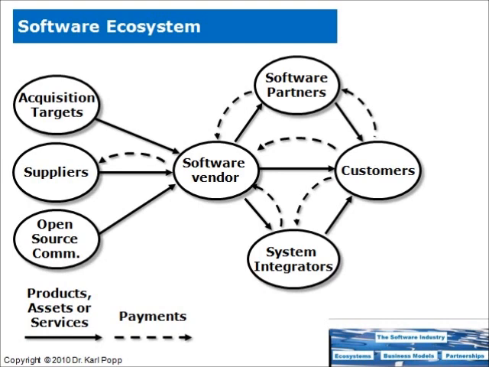And basically you find the solid arrows, which are products, assets or services provided from one bubble to the next. And for some of the products, assets or services, there's also a compensating stream of payments, and in the end you come up with that spider web of products and payments that you see on this slide. And we'll go into more detail later.